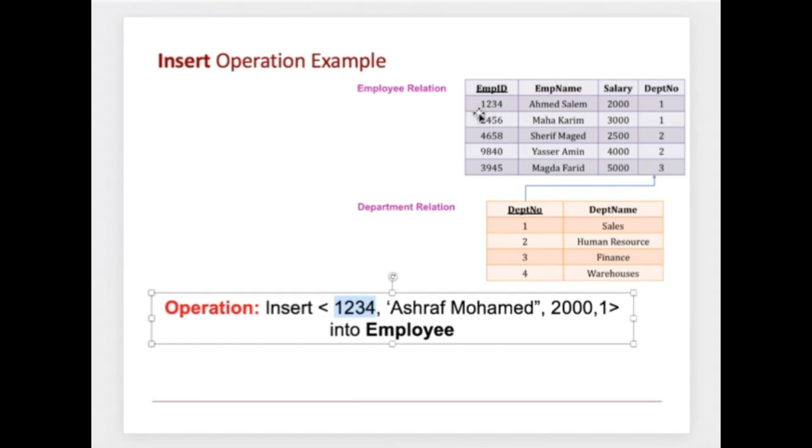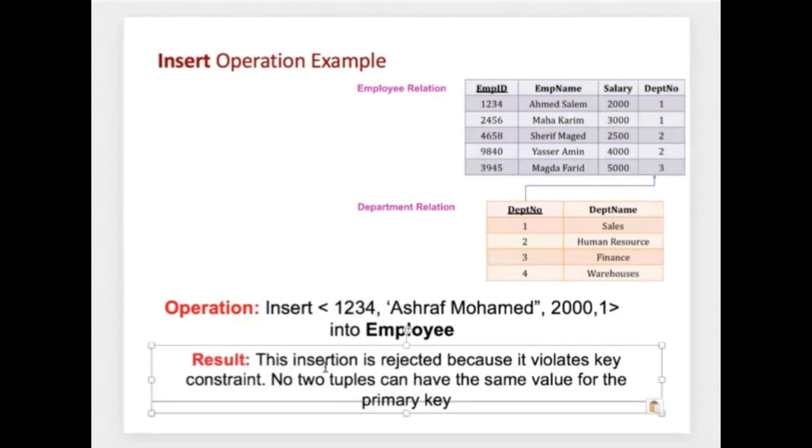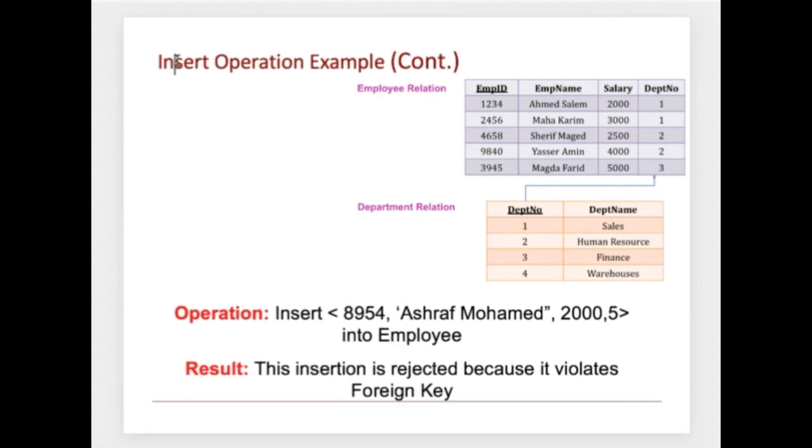Duplicate means it already exists, so it should not be allowed. So the result is this insertion is rejected because it violates the primary key constraint. That means no two tuples should have the same primary key value. Okay, let's go and see some other example.